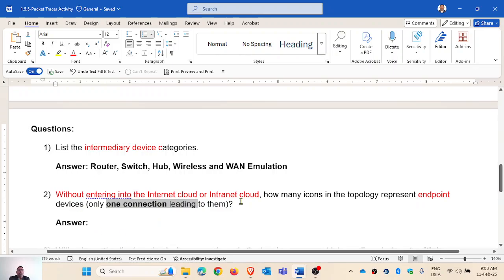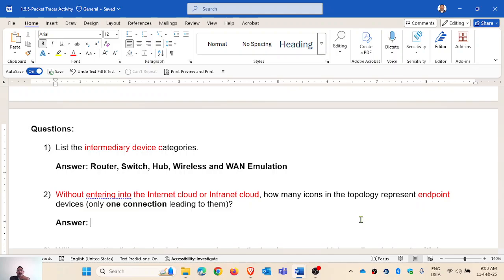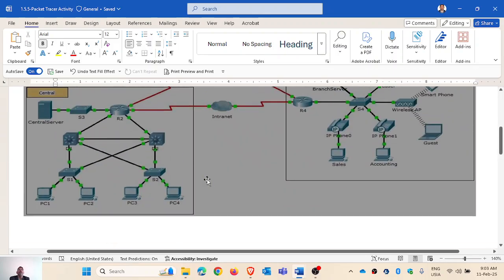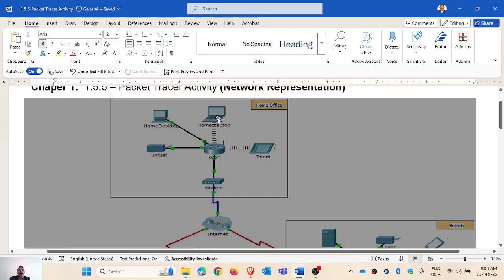You know what an endpoint is. An endpoint is the last device, used by the user for interface purposes. But that endpoint should have only one connection. We will identify how many endpoints there are. See, this is only one connection.